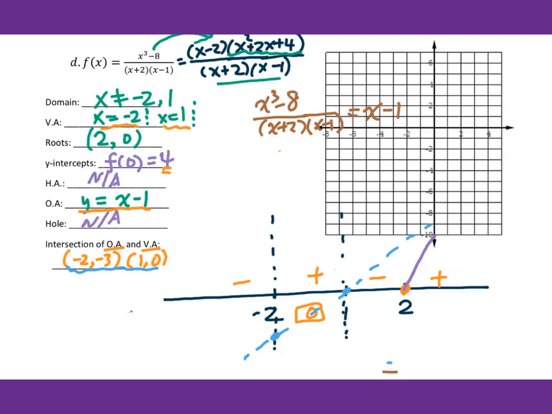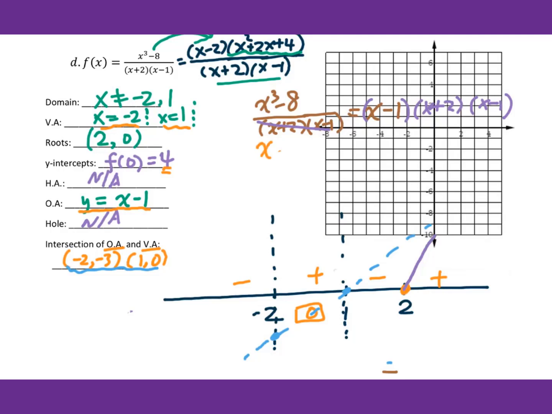Then I solve for x to see whether we have an intersection between the oblique asymptote line and this rational graph. Both sides we multiply by x plus 2 and then x minus 1.